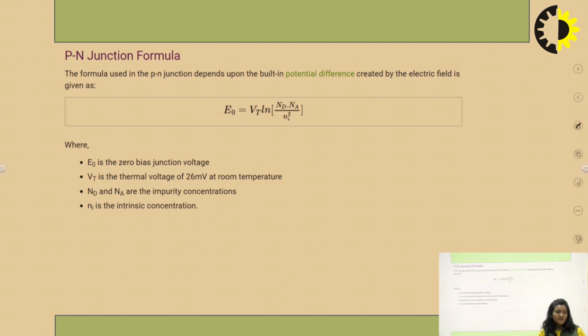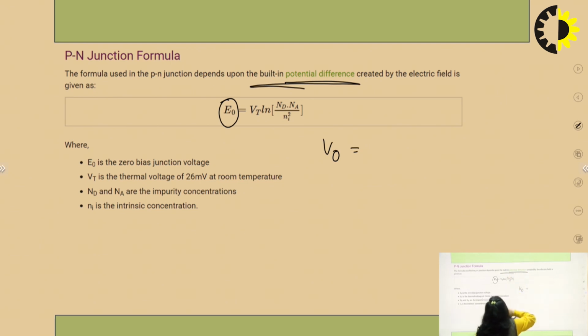Now, as we see, the potential difference depends on the potential difference between the regions. So we have a formula, which is the PN junction formula, in which V0 is the contact potential, that is the built-in potential difference created by the electric field, given by Vt.